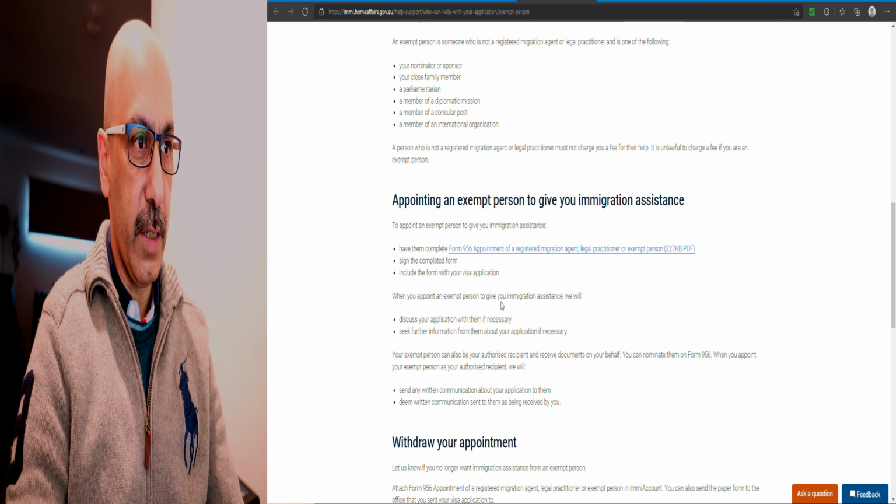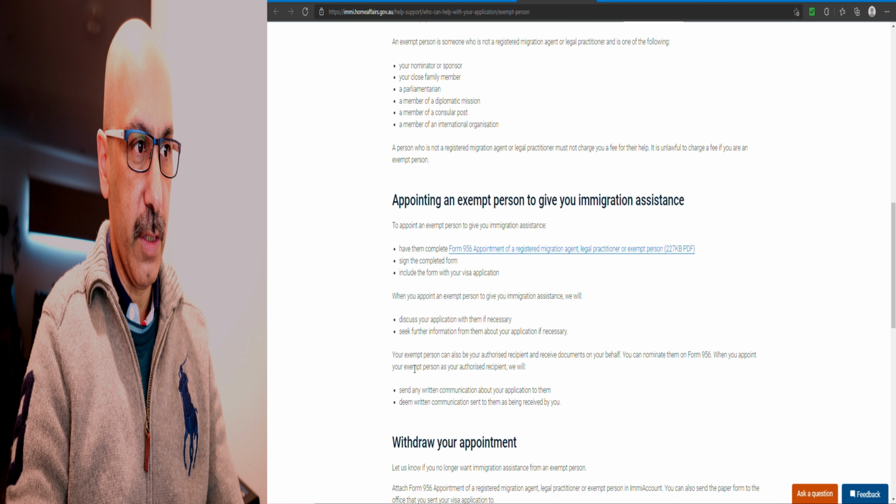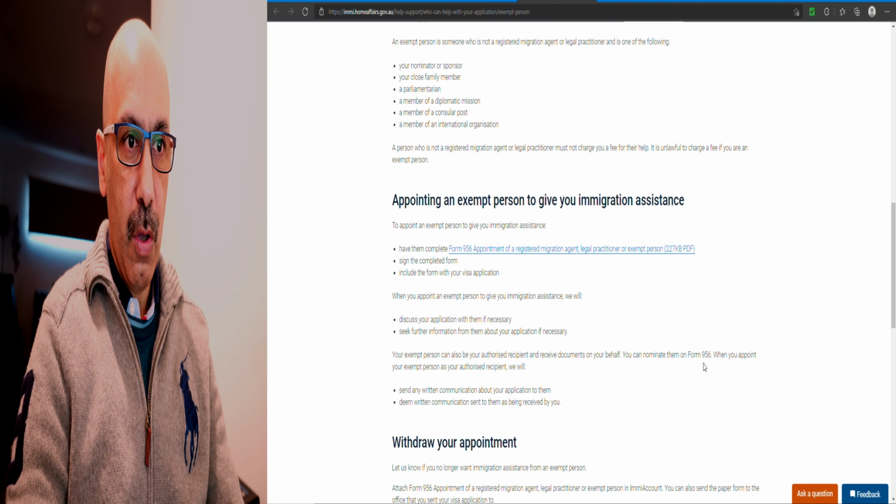When you appoint an exempt person to give you immigration assistance, we will discuss your application with them if necessary. We may seek further information from them about your application if necessary. Your exempt person can also be your authorized recipient and receive documents on your behalf. You can nominate them on Form 956.